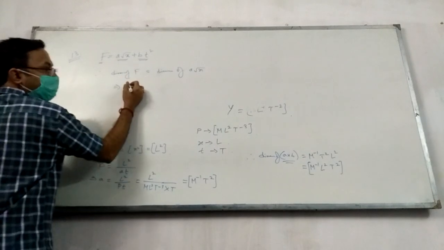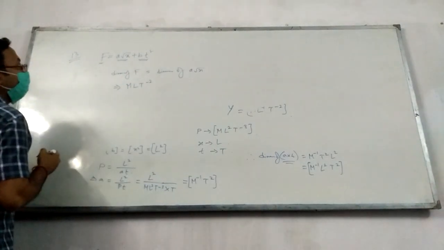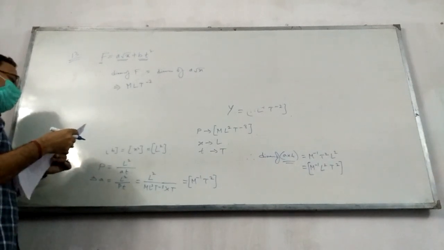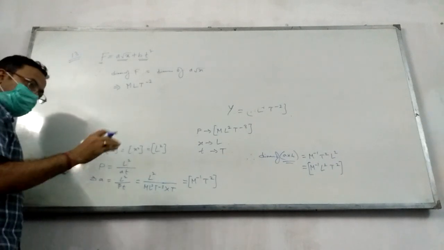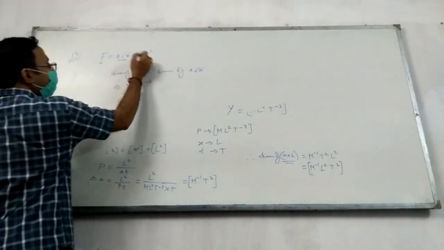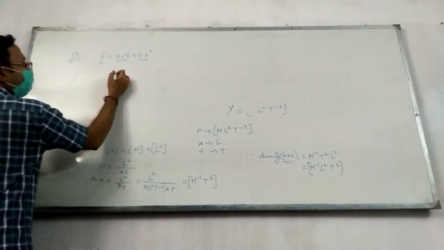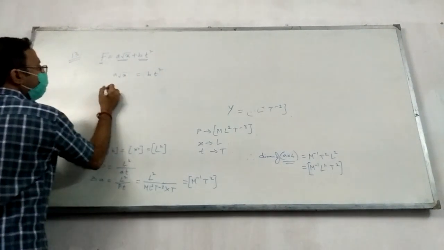dimension of f is equal to dimension of a root x. We can do it directly: a root x is equal to b t square. Yes, a by b directly, very good, that is what you also did. If there is a plus sign, the two dimensions have to be equal. So the dimension of a root x equals the dimension of b t square.